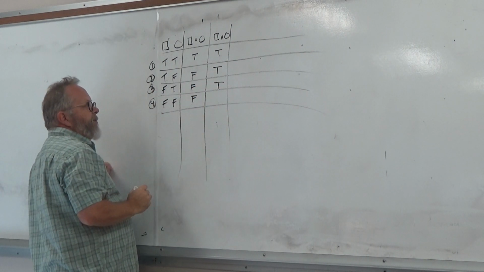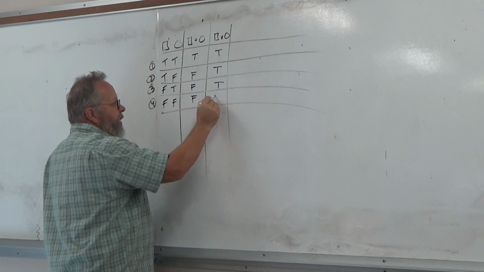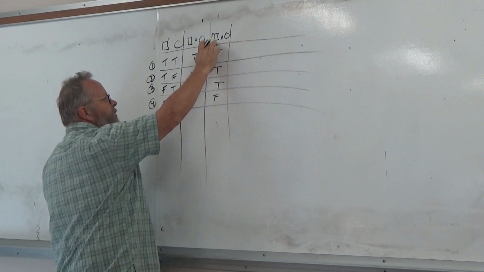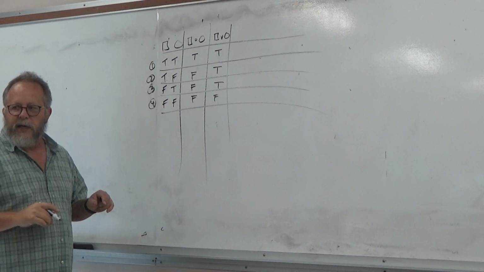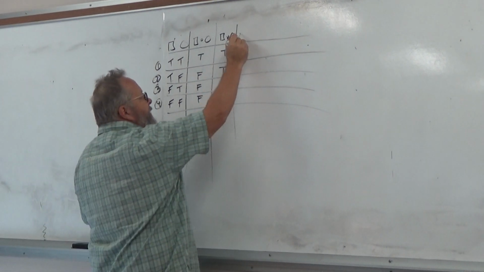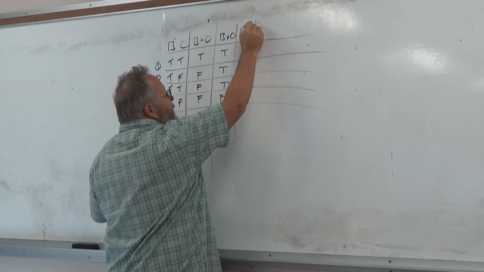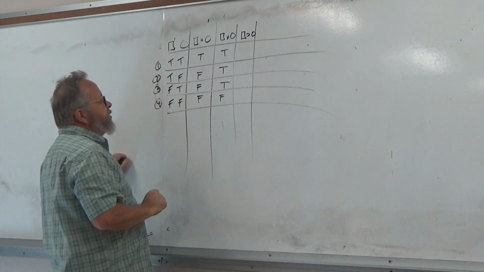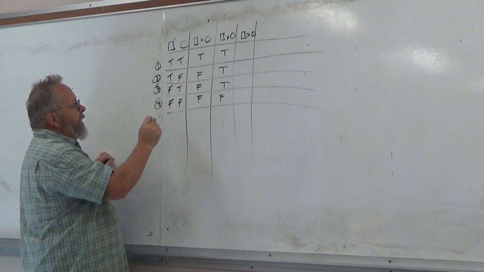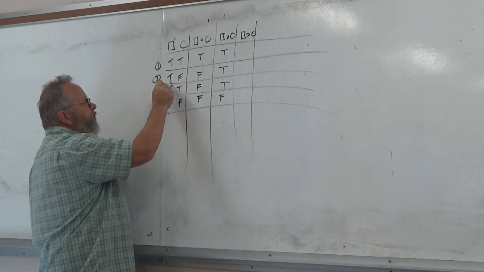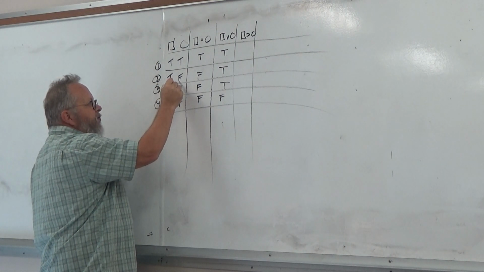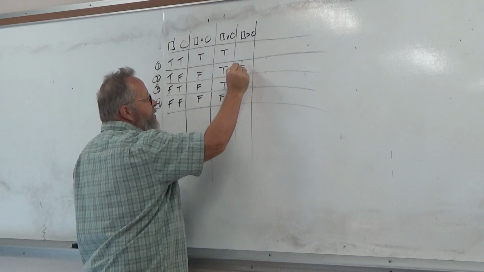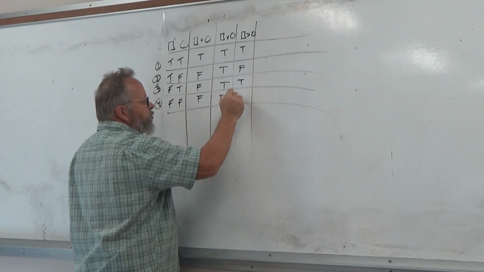The only time a disjunction is false is when both disjuncts are false. Okay? And then we have the conditional, and we said there's only one time the conditional is false, and that's when the antecedent is true and the consequent is false. That's when it's false. Otherwise, it's true.